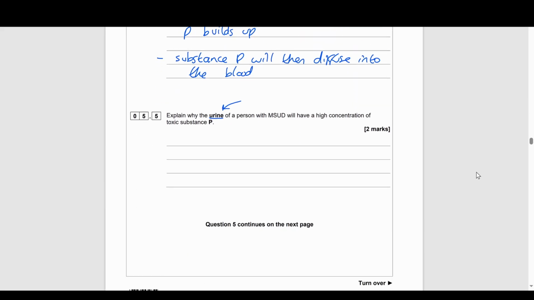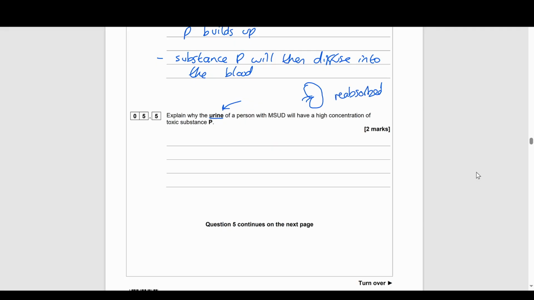So why would we expect to have a high concentration of toxic substance P in the urine? Well, what happens at the kidney? At the kidney, you have filtering of your blood. So anything that is in the blood is filtered, passed out of the blood, and then as it goes through the kidney, it's reabsorbed.